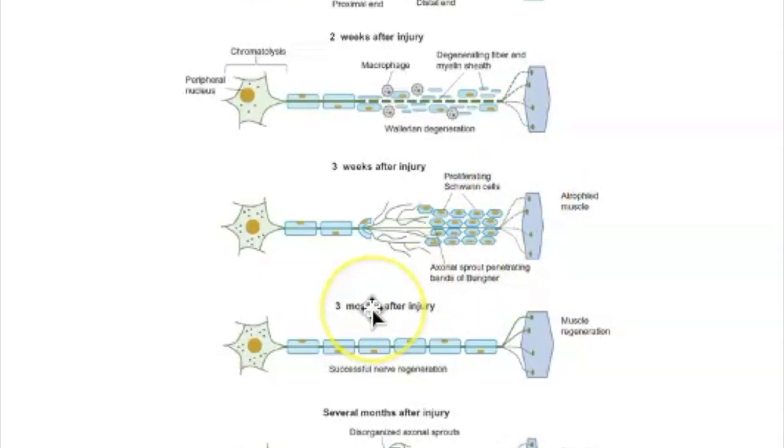Now, months and months after the injury, you wouldn't know by looking at it that that nerve had been transected, but it's unlikely that it will function exactly as well as it did before the injury. And of course, sometimes we don't see the result we want.